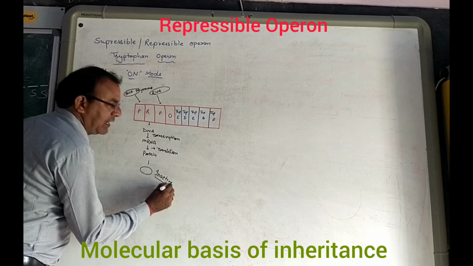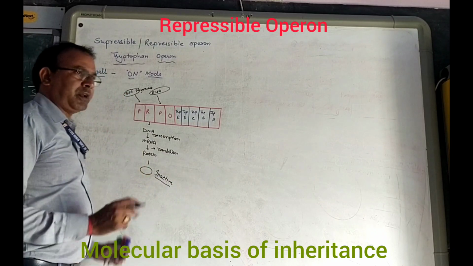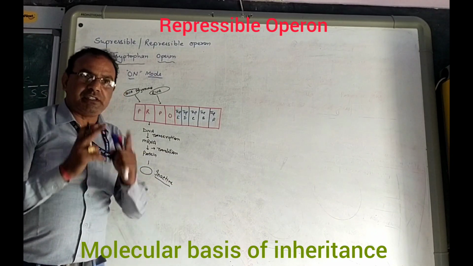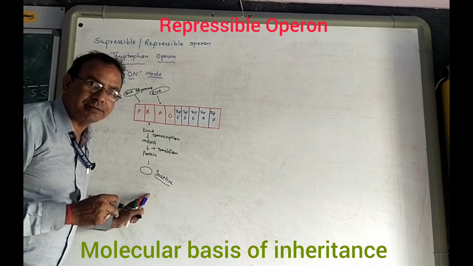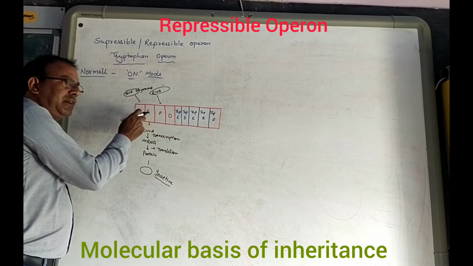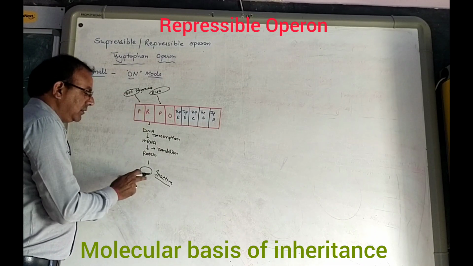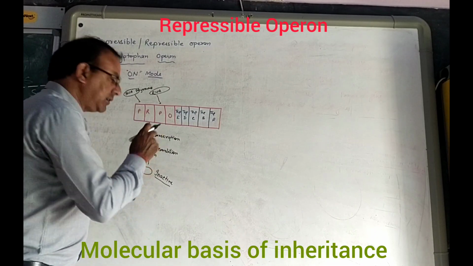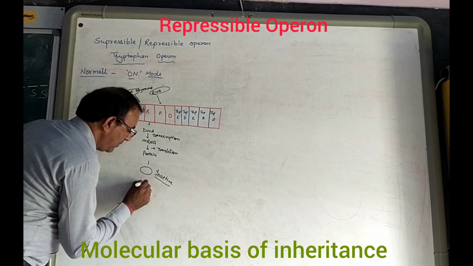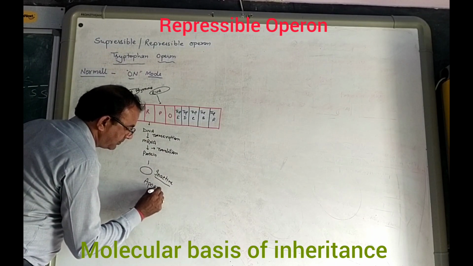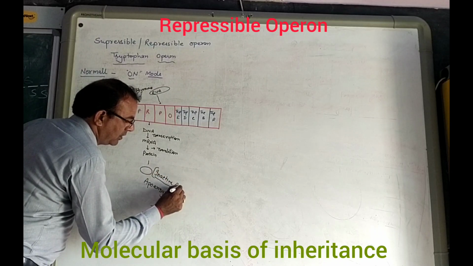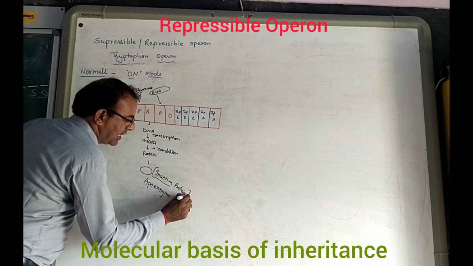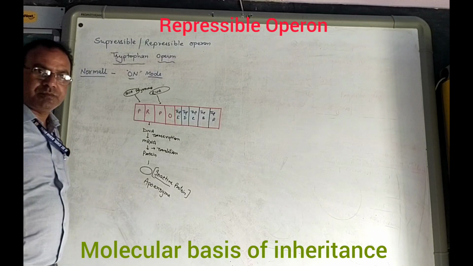A major difference between the lac operon and the tryptophan operon is that the protein synthesized by the inducible gene in the lac operon is activated, but the protein synthesized by the repressible gene is inactive, and this inactive protein is called an apoenzyme.